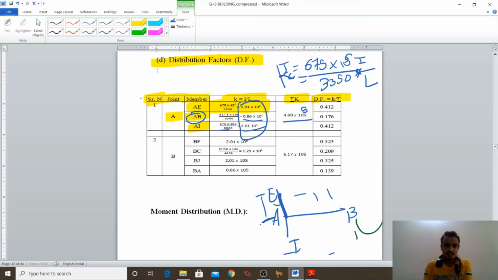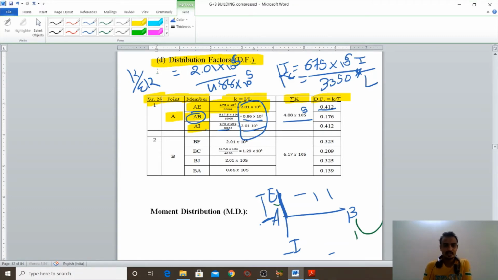So distribution factor is K divided by sigma K. For the AE, K is 2.01 into 10 raised to 5 and sigma K is 4.88 into 10 raised to 5. So it is 0.412.